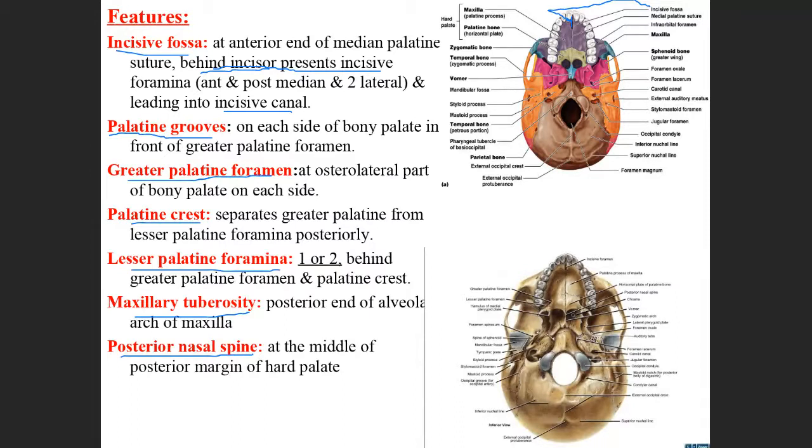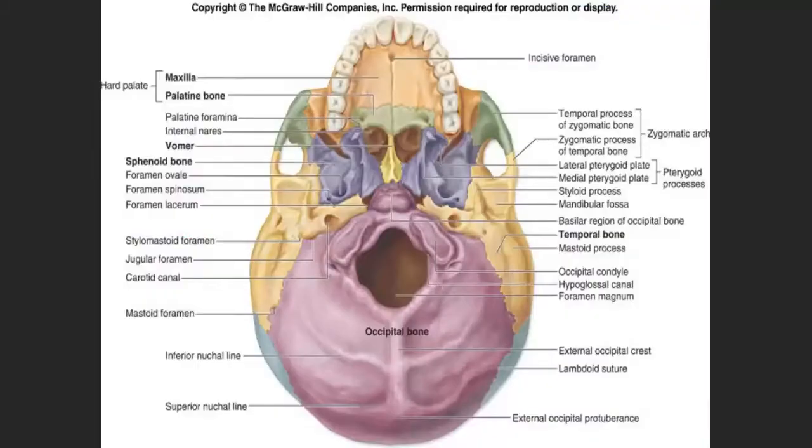Because most of the times you will get confused, to avoid confusion you just remember these words, and these things we will discuss in the lab, and then you will understand better. Okay. See here.